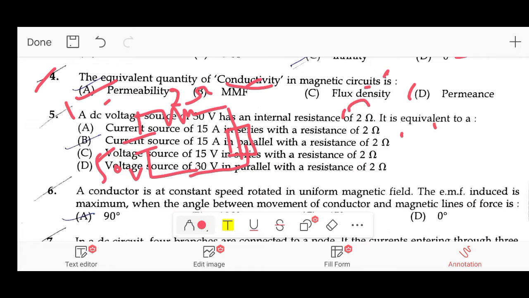If we convert into a current source, then I equal to V by R. V is 30, the resistance given is 2 ohms, so the answer is going to be 15 amps of current source.